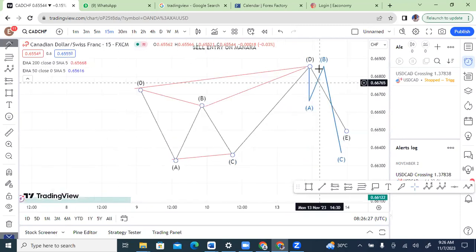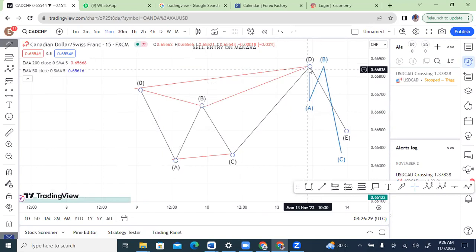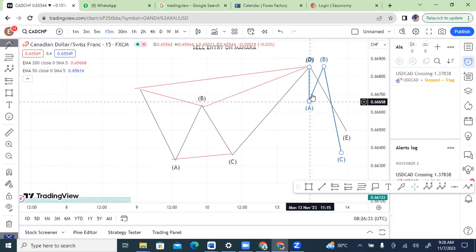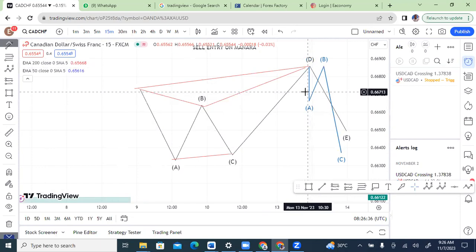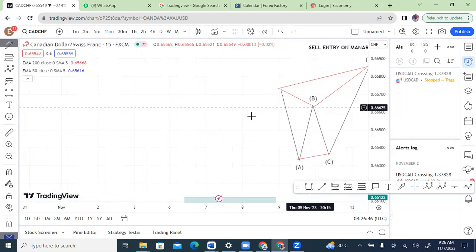So if Manara has given the entry at the D point for a sell, whether it's a bat, a crab, a butterfly, a Gartley pattern or a shark, you want to see a second leg.